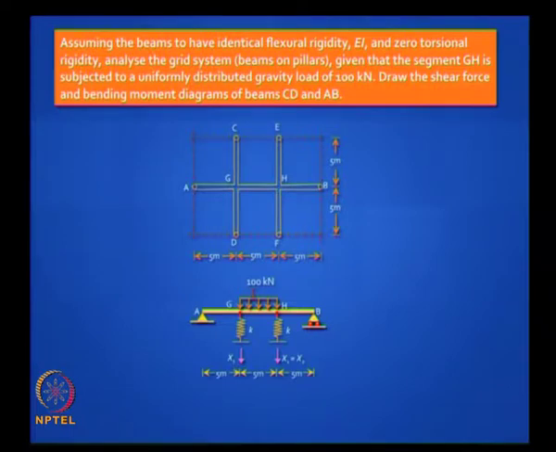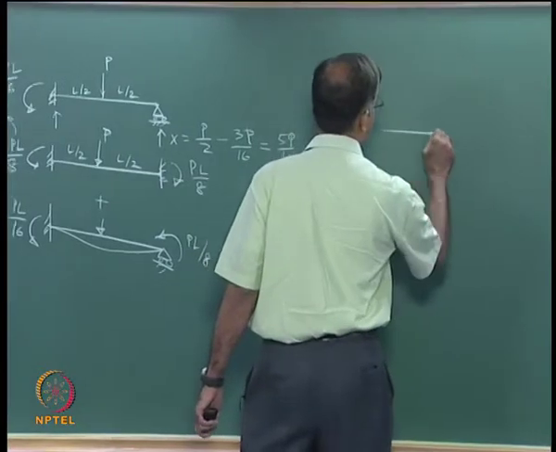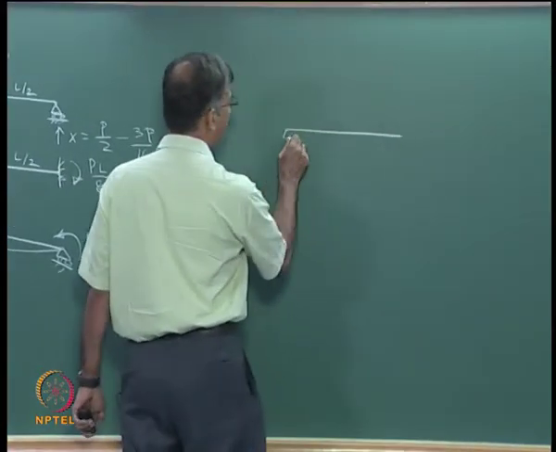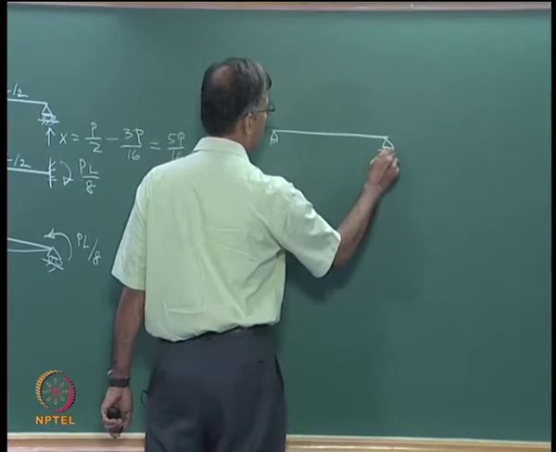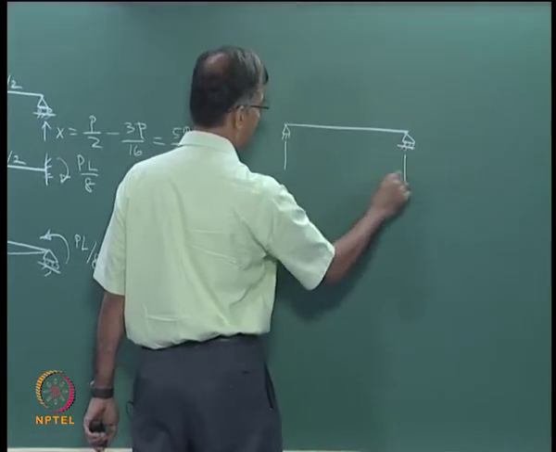Now I need a value of K. What is the value of K? K is the flexural stiffness of the beams CD and EF. So how do I do that? Both of them are simply supported beams. What's the span of the beam?